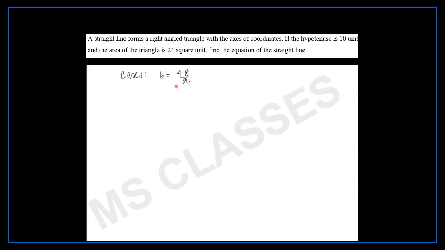So here, if we take b equal to 48 by a, substituting in equation 1, we get a square plus (48 by a) whole square equal to 100.